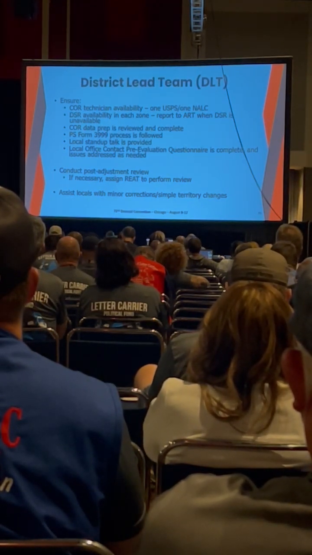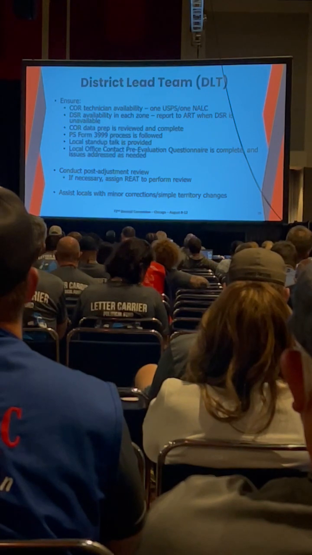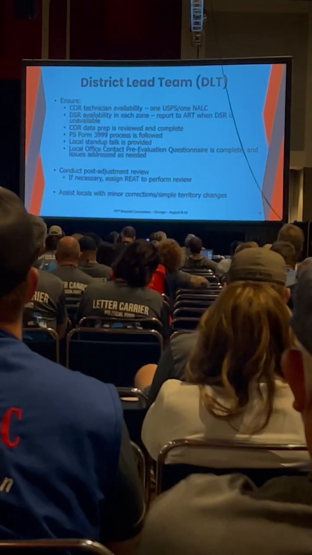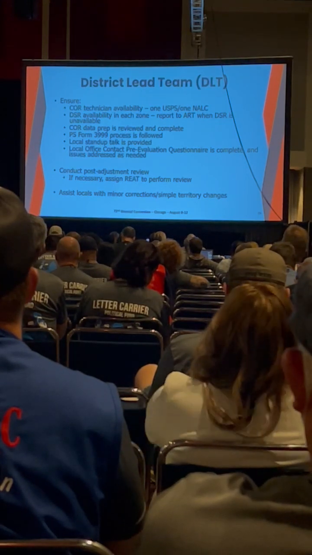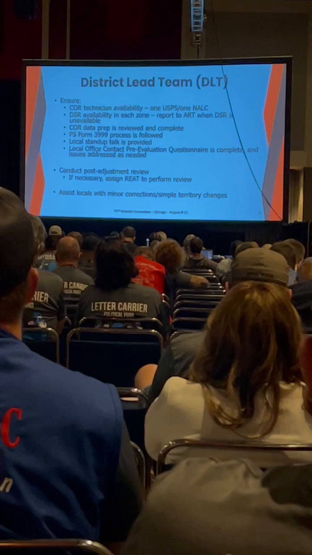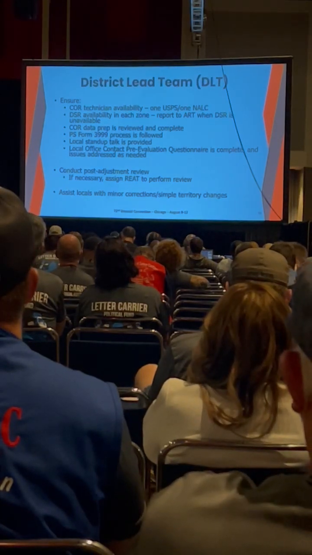There's also a local office pre-evaluation questionnaire that we created to ask the local office contacts of certain issues or problems that might be going on in their office that the REITs would need to know about. The DLTs are responsible for ensuring that that happens as well.